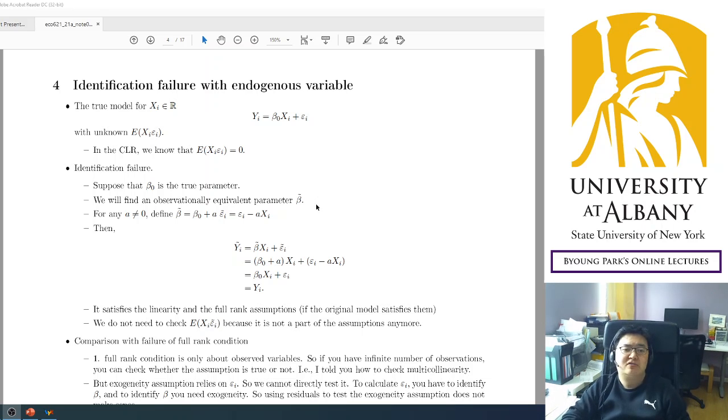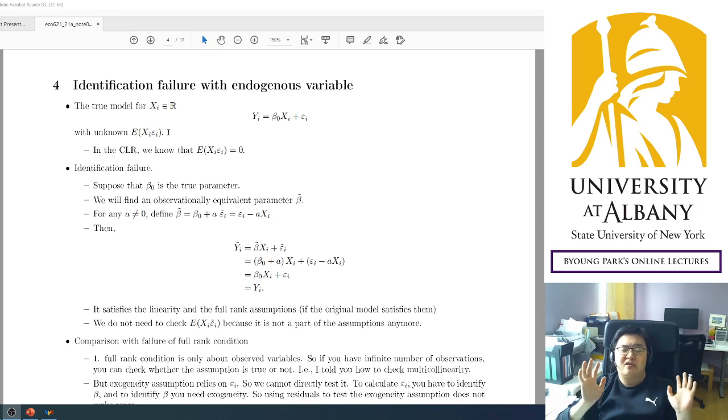let's think about the simplest possible linear regression model. The explanatory variable x is one-dimensional, scalar, and there is no intercept, so simple. But the major difference here is that the correlation between x and epsilon is unknown. We don't care, we don't know.